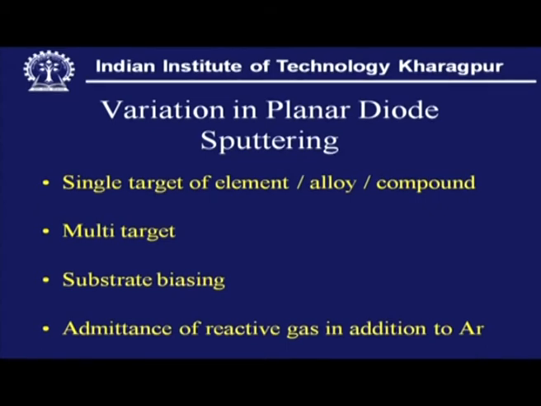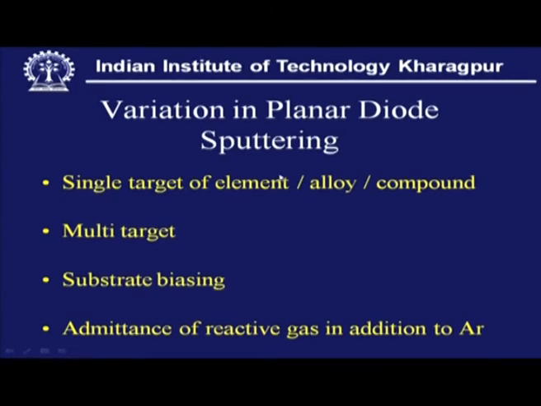Now, in planar diode sputtering we can have a lot of variations. Though it is simple, it can have a lot of variation. It can be a single target machine, that means one cathode.